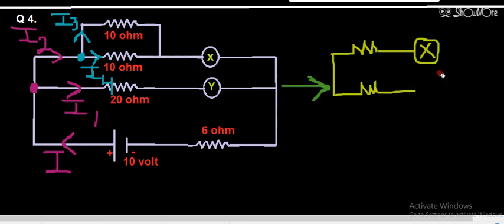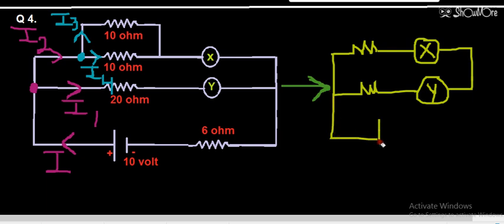Okay, this is Y. So this is Y device. Then we combine these X and Y. Then we have battery, positive, negative. Then we have another resistance there, 6 ohm.